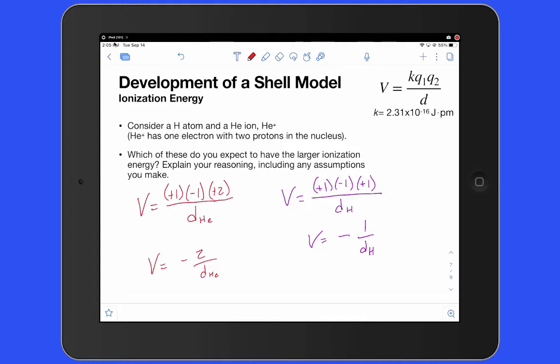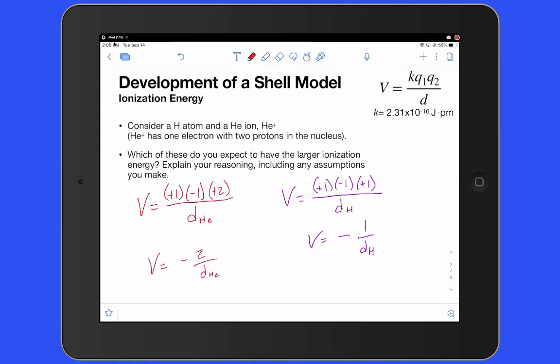I will tell you this, they are not equal, but they're not very different from each other. For helium to have less attraction, your distance would have to be over double the distance of hydrogen's. Does that make sense? As your distance goes up, your attraction goes down, right?